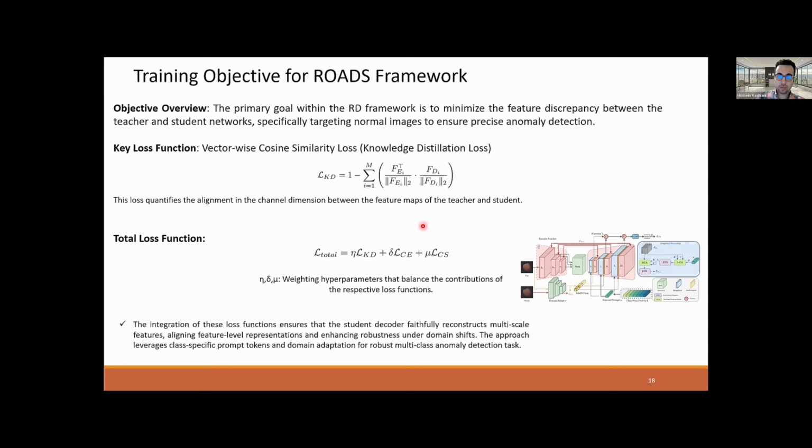And we also add two loss functions: one in relation to learning these hints or prompts for our network, and another in relation to training this domain adapter and learning domain-invariant representation. So the overall loss function consists of the main knowledge distillation loss function for anomaly detection and the two proposed loss functions of our contributions.